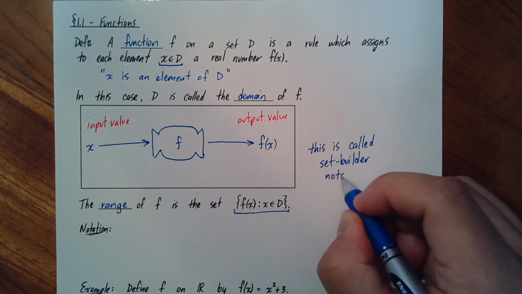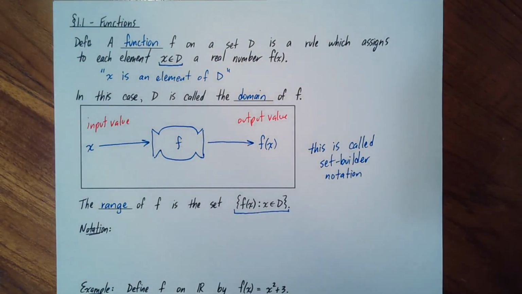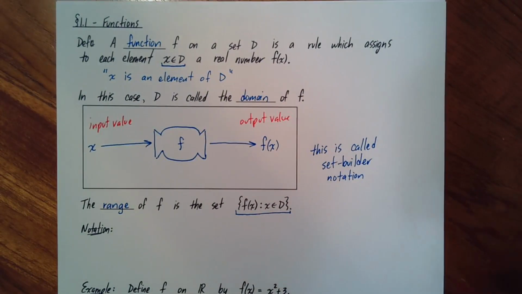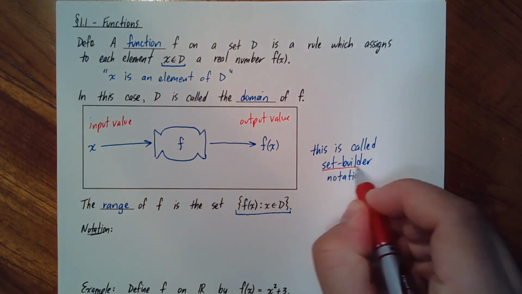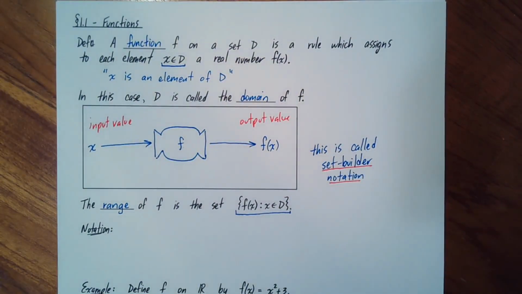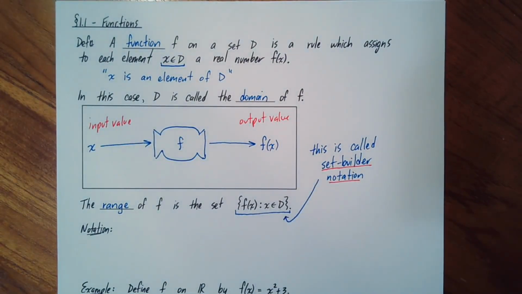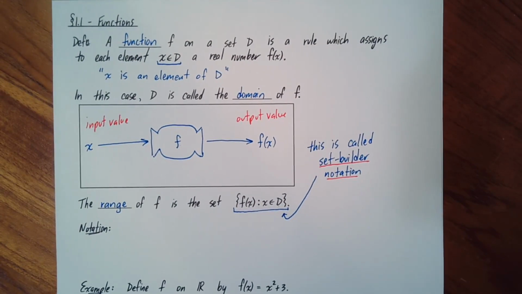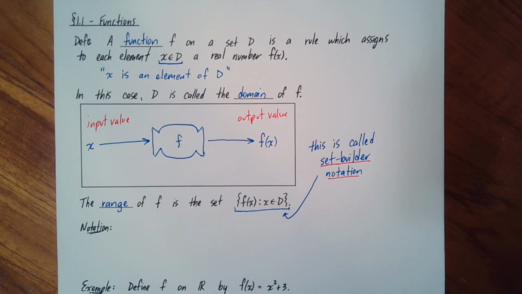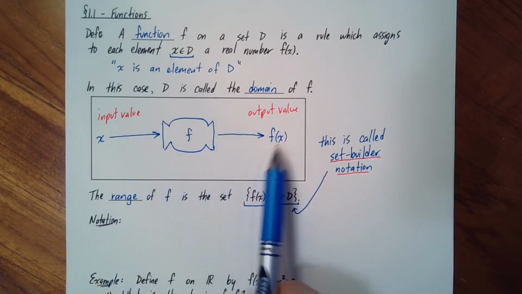If you haven't seen that in quite some time, don't worry, you'll get plenty of chances to be reminded of how it works. Okay, so that's basically the fundamental idea of what a function is. You've got a domain and a range, and this is how you should think about functions.